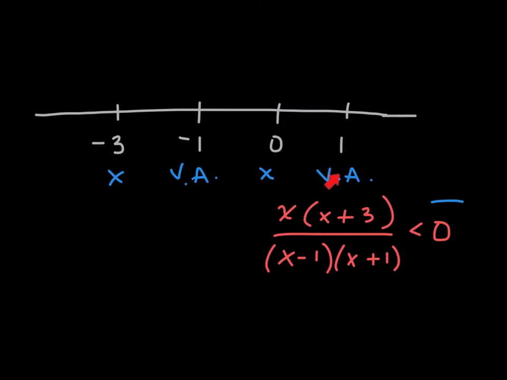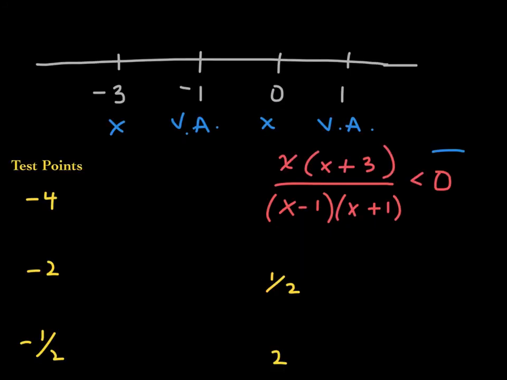What we're going to do is we're going to choose a test point from each of these five intervals. We're plugging them into this expression, follow the sign, and see when the graph is less than 0, that is to say, when is it negative? Okay, everybody, that's our goal. When is it negative?